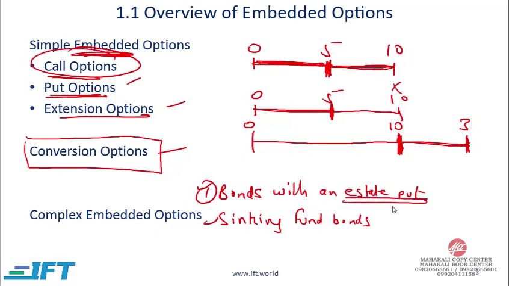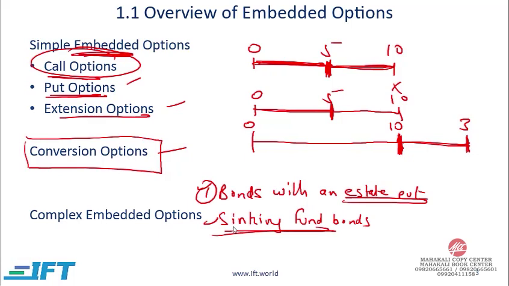With an estate put, the heirs have a right to put the bond, or give the bond back to the issuer, and get par value. Obviously, it only makes sense for the heirs to put the bond if the bond is trading at a discount. If the bond is trading at a premium, then it makes sense to either keep the bond or sell it at market price.